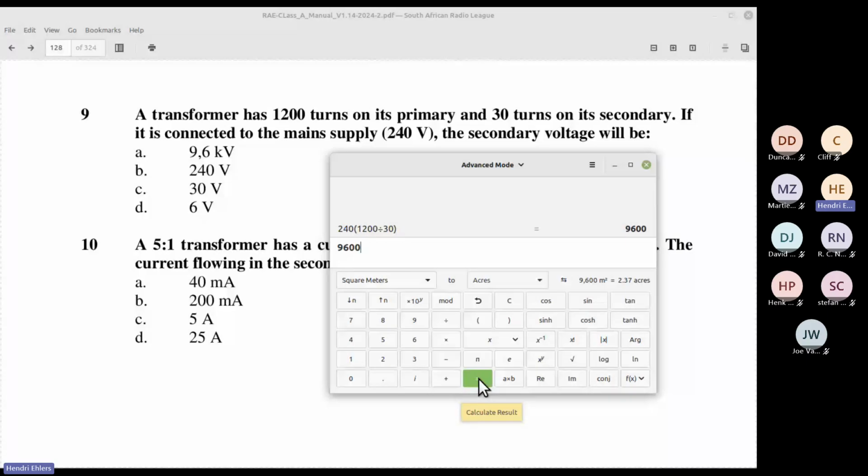What did I do wrong? I think you'd need to divide by 240.